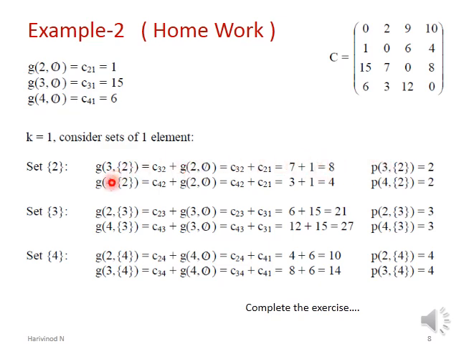Suppose you start from 4, after visiting 2, of course the path length is 4. The previous vertex for 4 is 2. Here we have only one choice, so the previous vertex is 2 itself.